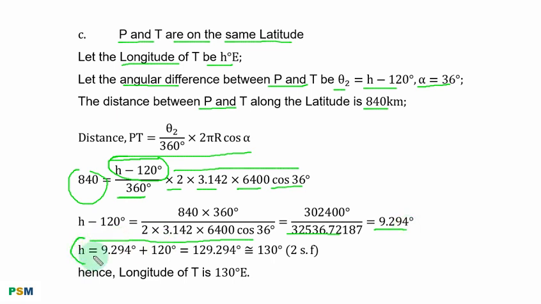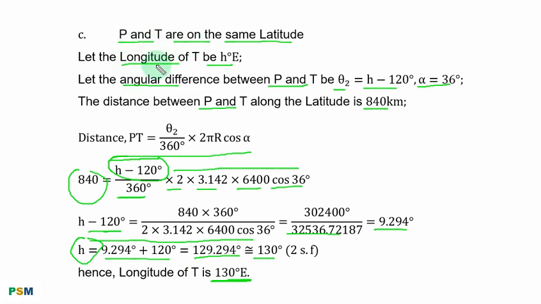To get h, you transfer this term to the right, it becomes positive. After addition, you have this result. To 2SF, you have 130 degrees. Hence, longitude of T is 130 degrees east, because they are on the same side of the prime meridian.